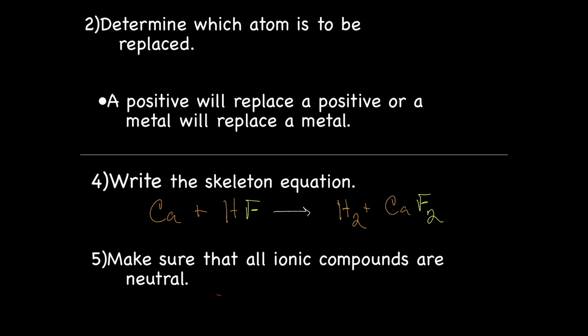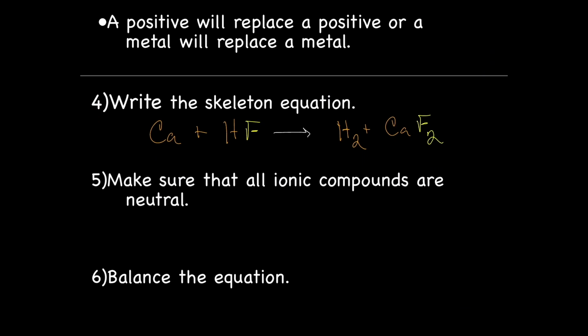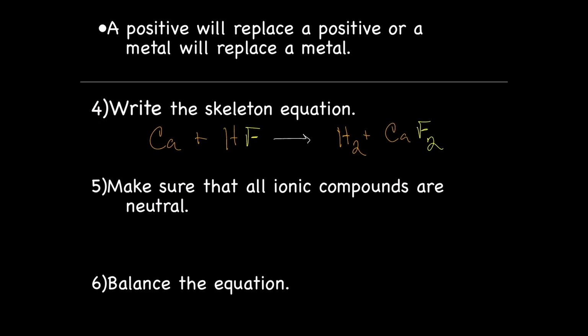All right. Last step is to make sure all our ionic compounds are neutral. We did that. Check for diatomics. We did that. Now we need to balance the equation. All right, so let me rewrite this equation so I have a little bit of room to work. We have Ca plus HF produces H2 plus CaF2.